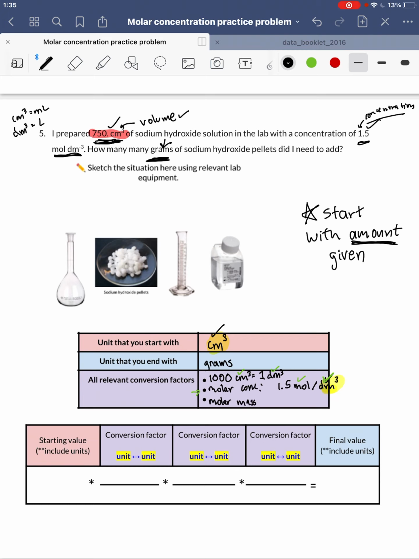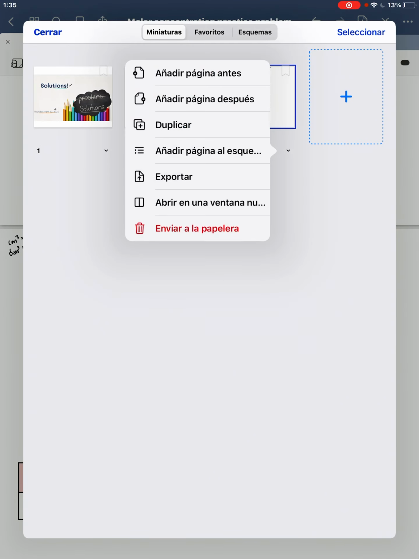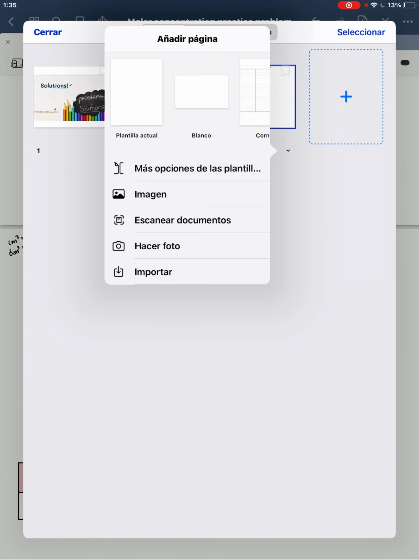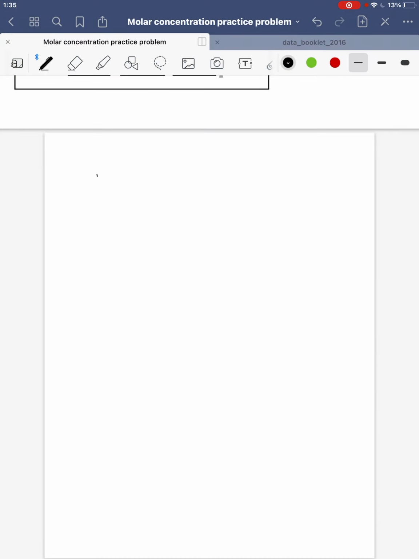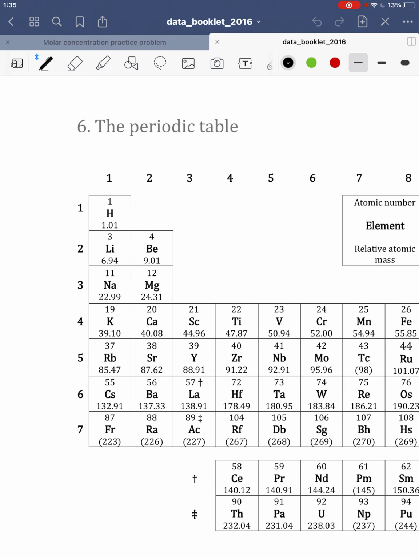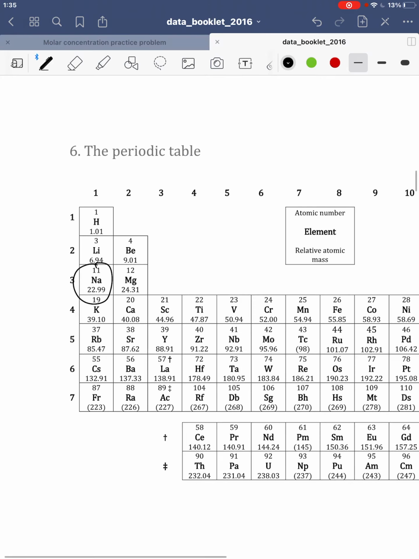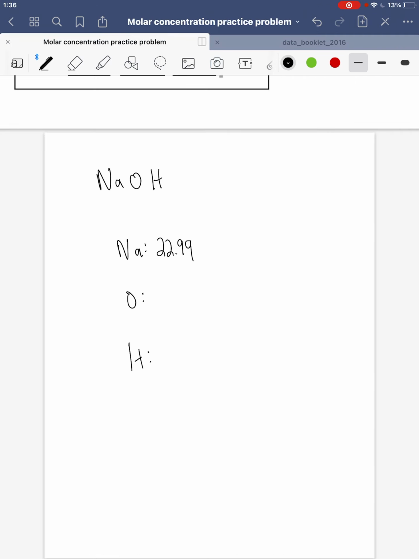So, molar mass, how do I find the molar mass? Excellent question. Let's take a look at what that should look like. I have NaOH. I need to look up the relative atomic masses in the periodic table. I'm going to use the data booklet periodic table, not a different periodic table. So Na is 22.99. Oxygen is 16.